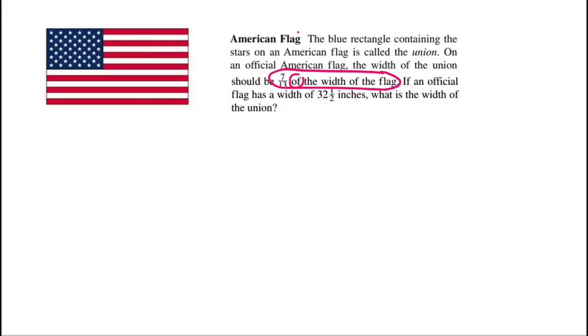And we already know the width of the flag. The width of the flag is 32 and 1/2. So it's telling us we take 7/13. Okay, we have 7/13. I can write here 7 over 13, and then we're going to multiply that by 32 and 1/2.